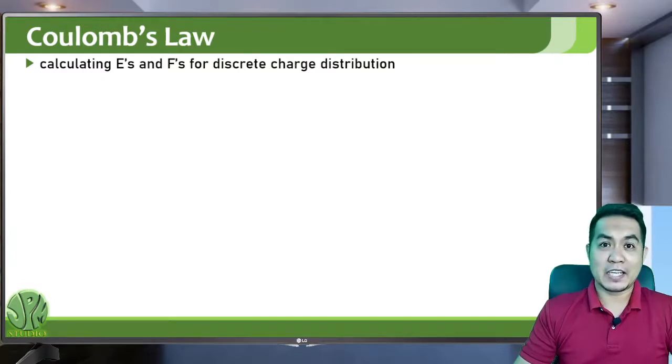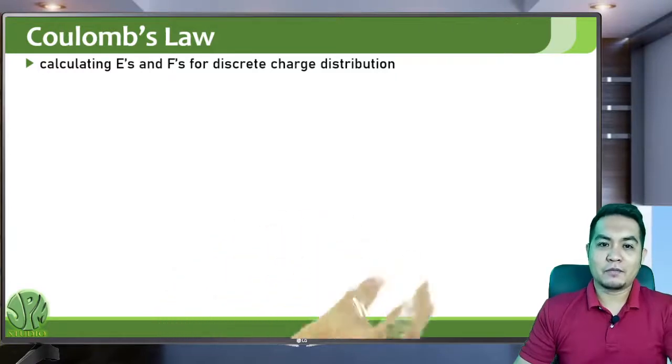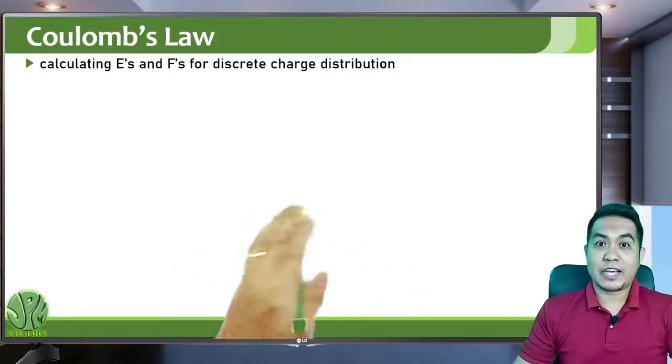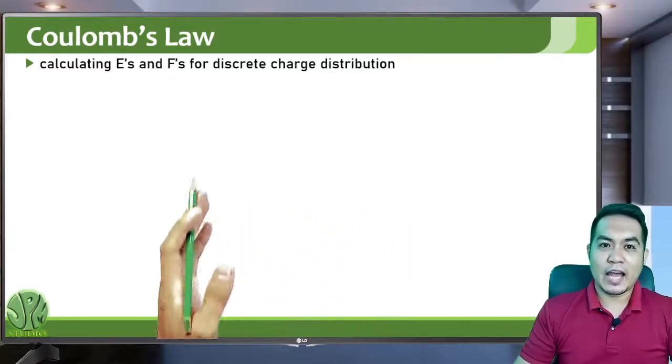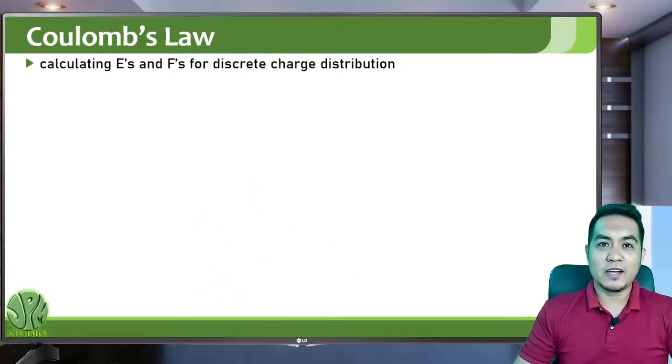If you have a discrete charge distribution, this means that you can count, or you can actually see, each of the charges.